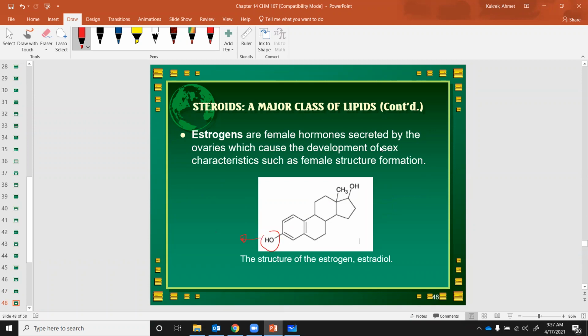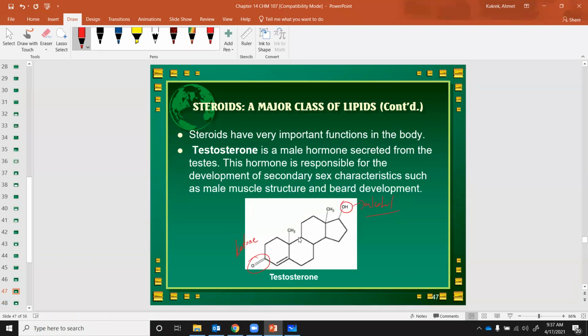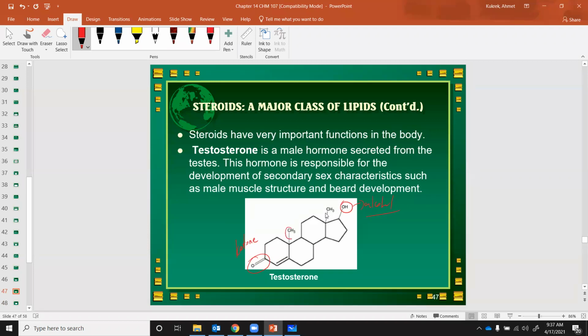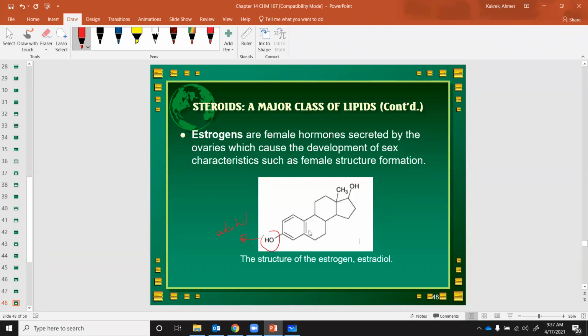The specific name is phenol, but you can tell me alcohol is fine. By changing from ketone to an alcohol, and we have a methyl group here but no methyl group there, and everything else is the same. But once you have that, you change the molecule and it becomes an estrogen, a female hormone.